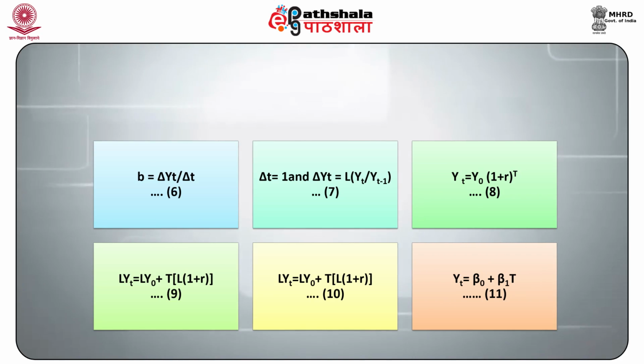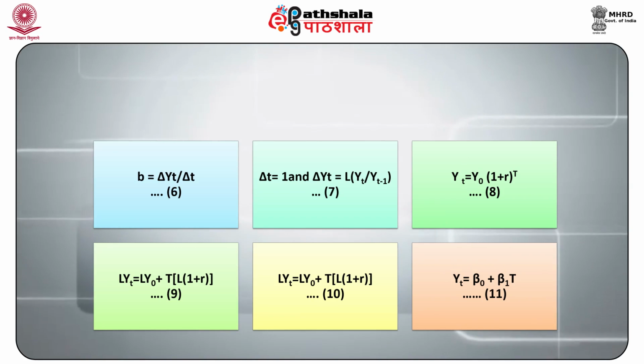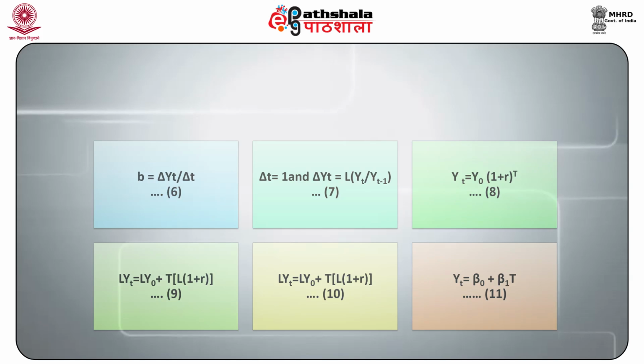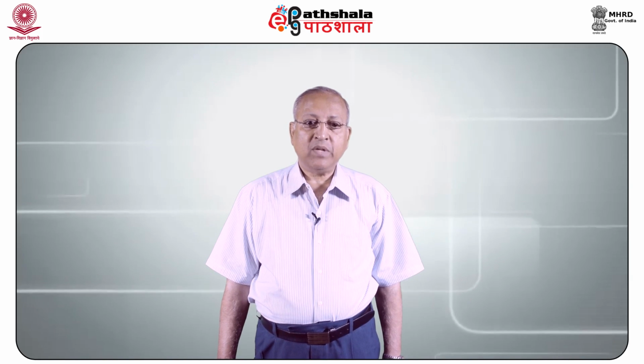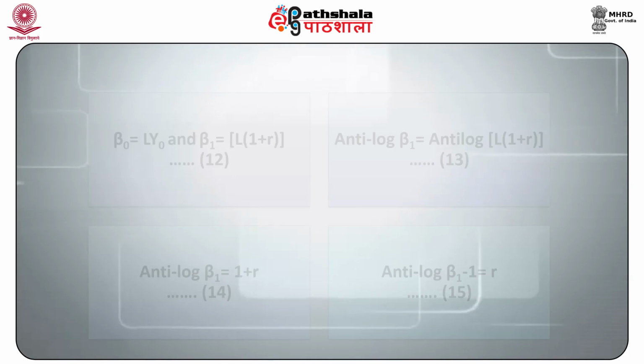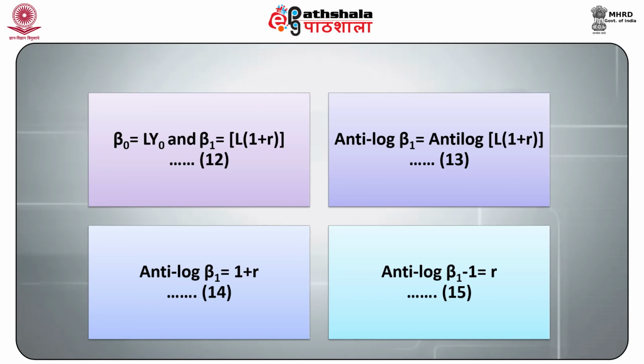And when this is simplified, then we could rewrite it as a linear equation, that is yt is equal to b0 plus b1 into t. And from this it becomes clear that b0 is log y0 and b1 is log of 1 plus r.